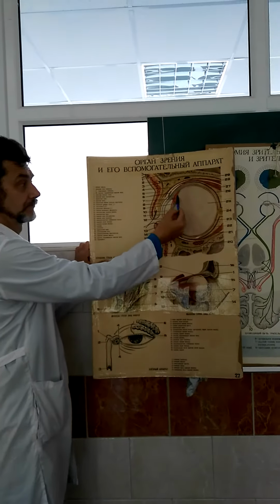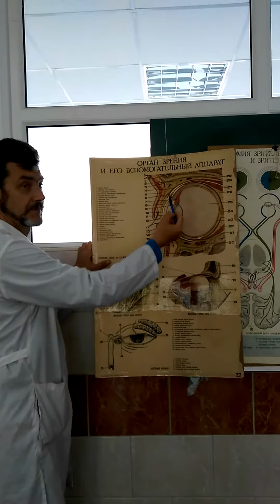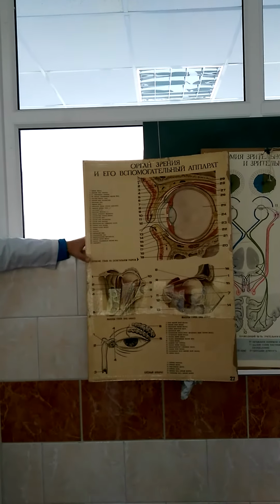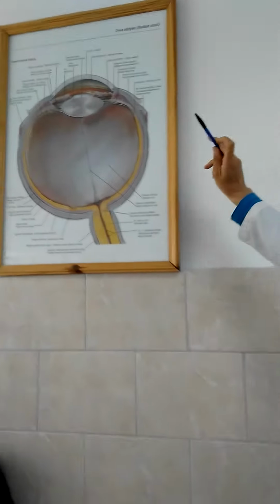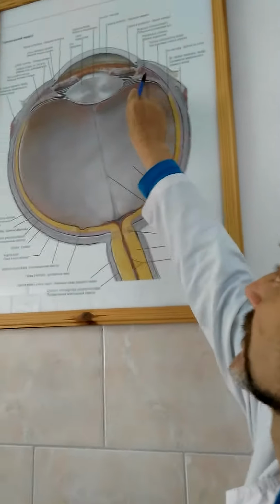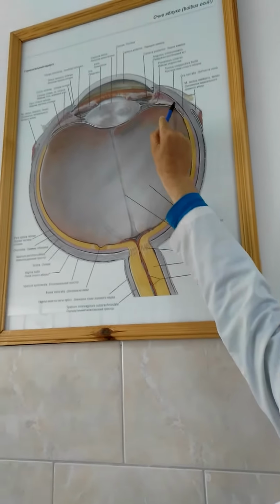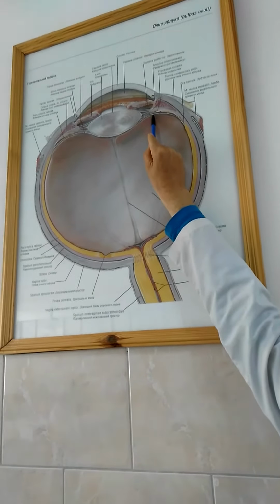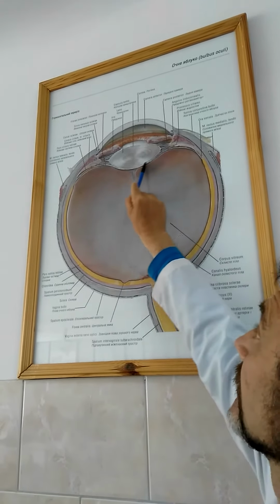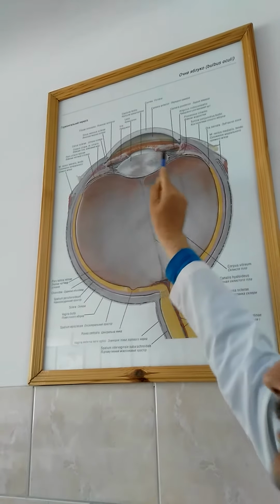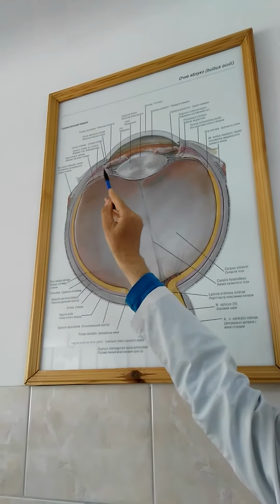Corpus ciliare, triangular in shape here, consists of smooth muscles. Those muscles have three directions: meridional direction, radial direction, and circular direction. Connected with the ligaments of the lens.